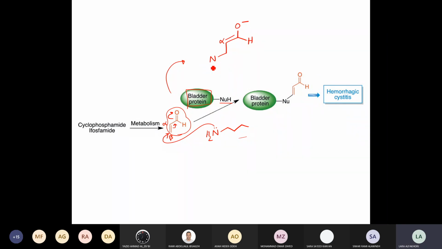Of course, such a compound can later abstract a proton from the media and give this bond, or this compound.